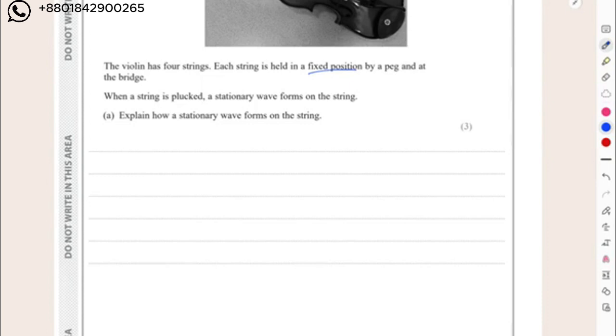Now, stationary waves form when waves are reflected at every end of these strings, where they are connected at the pegs, right? And when those waves are reflected, they superpose with the original wave, eventually causing interference to occur. So these are the concepts for stationary waves to form.